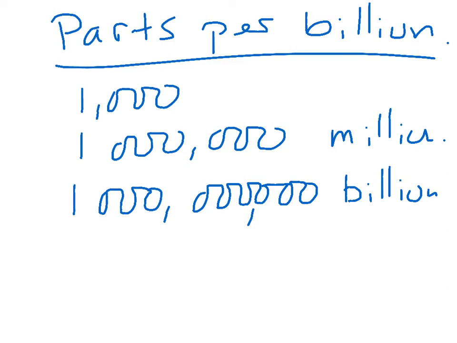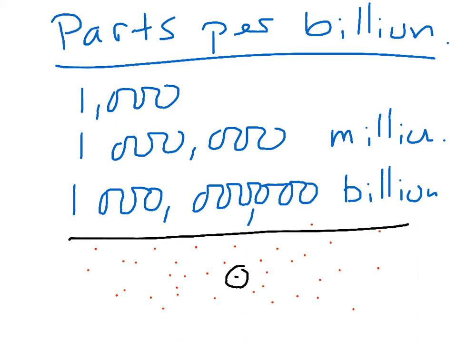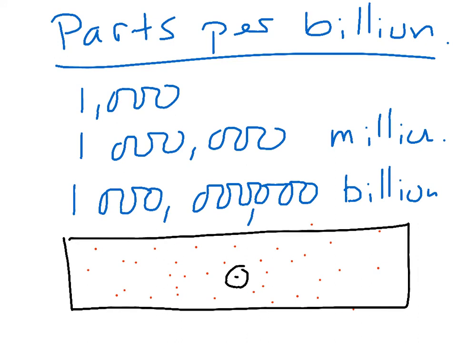And parts per billion basically means if, for example, we had 1,000,000,000 air molecules, and I'm not going to sit here and draw 1,000,000,000 air molecules, but just imagine we had them. If one of them was the particle that we're interested in, that one there, that's our 1 part per billion.